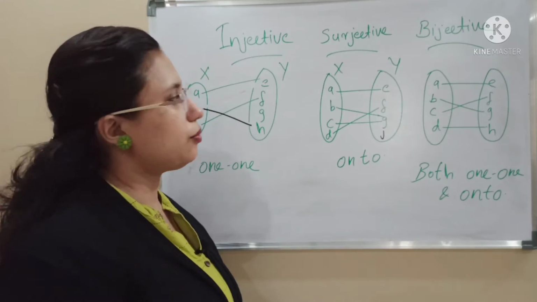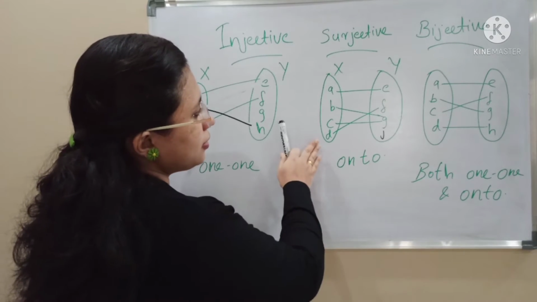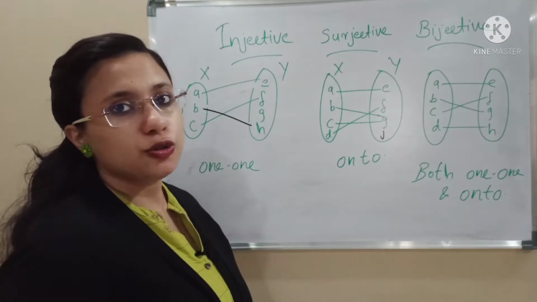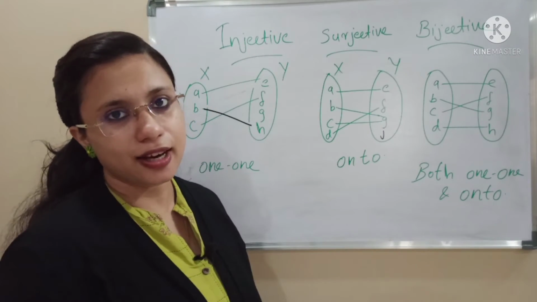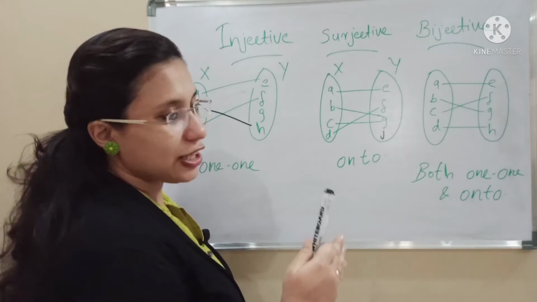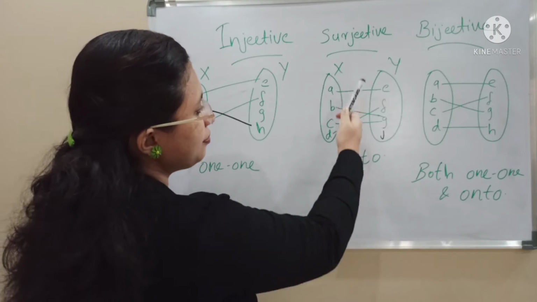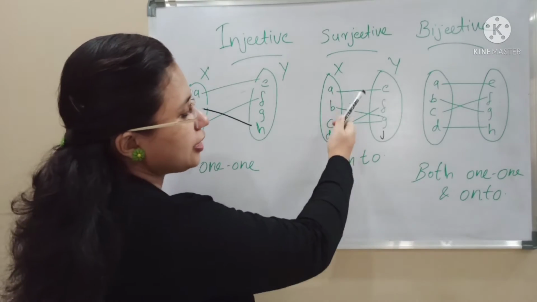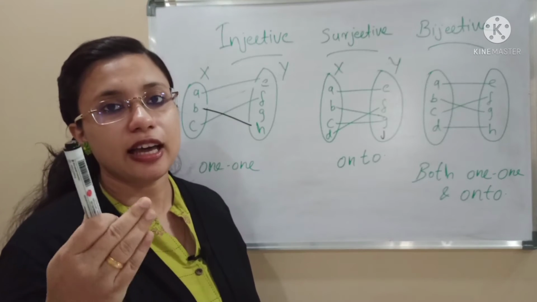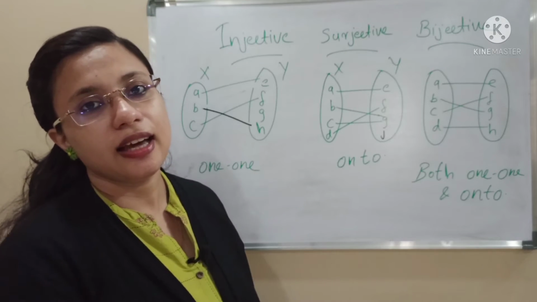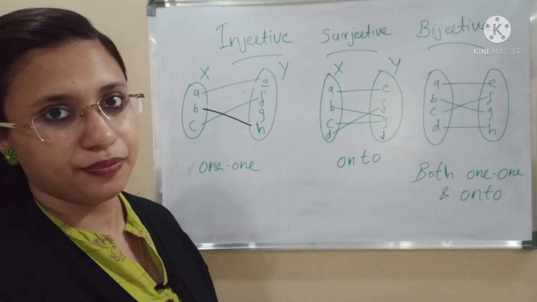We cannot. Why? Because in a surjective or onto function, all the elements of Y should have elements which are related with them.